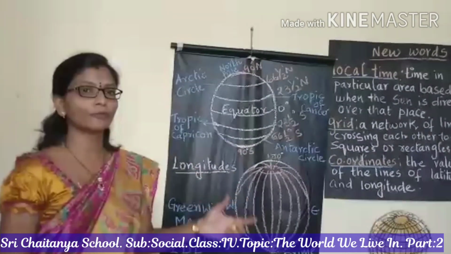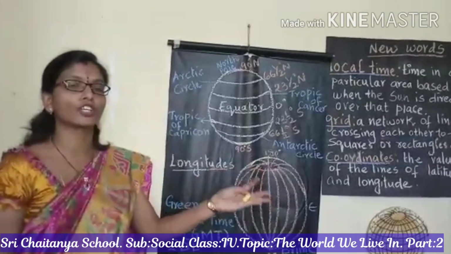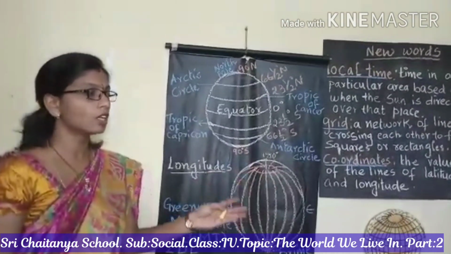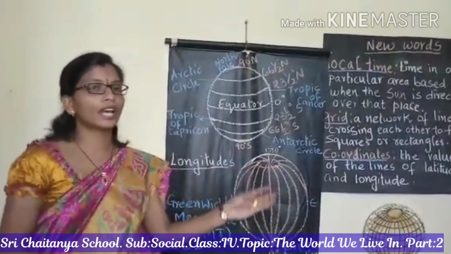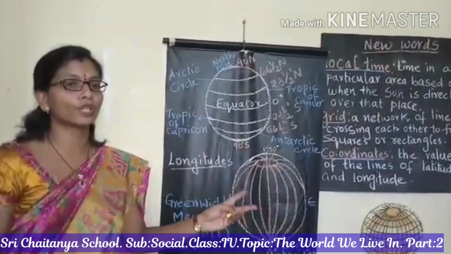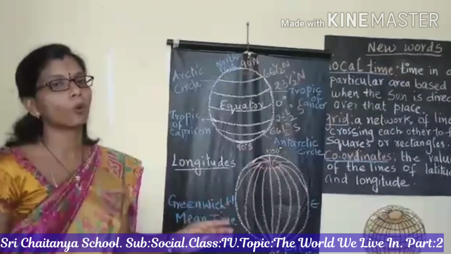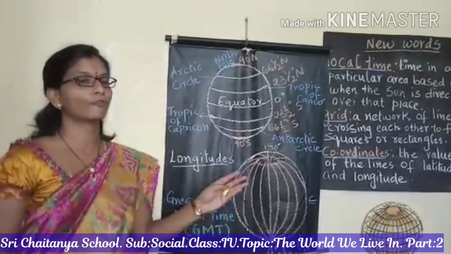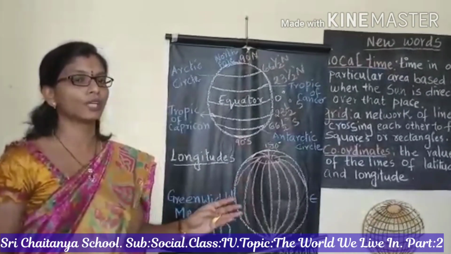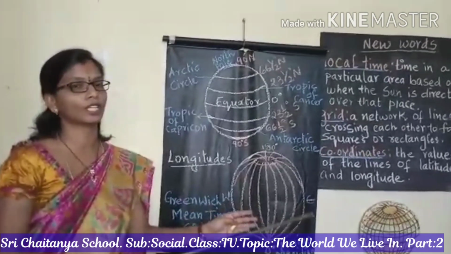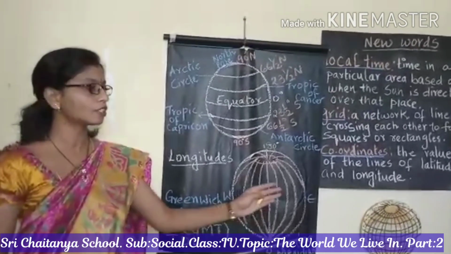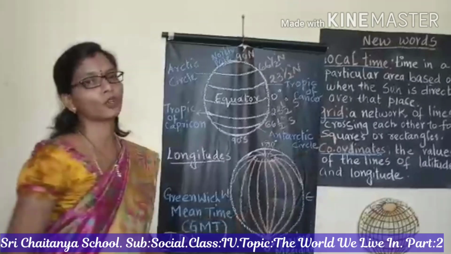With the help of these values, we find out the location of a particular place on the earth. So, the values given to the latitudes and longitudes together help us to find the location of a place on the earth, and are known as the coordinates.